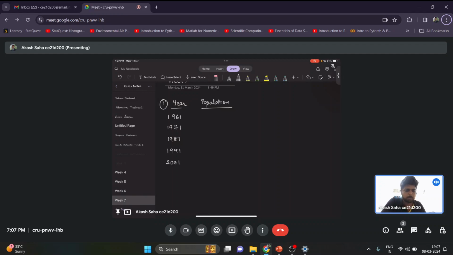The corresponding populations that are given are 6848, 13308, 36747, 58242, and 82149. So these are the populations.